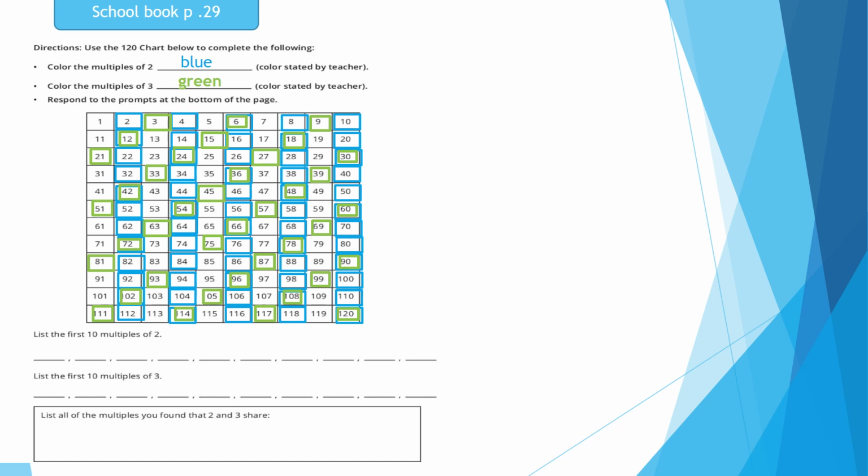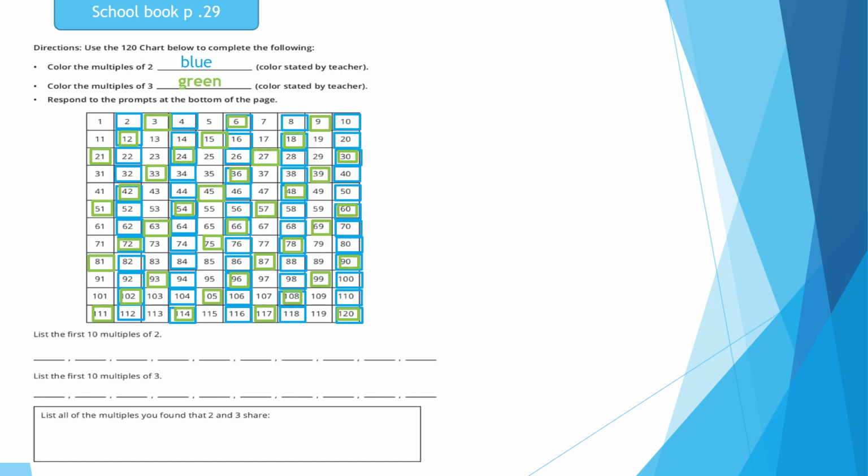The first question: list the first 10 multiples of 2. We want to know the song of multiples of table 2. 2, 4, 6, 8, times table 2 is so great. 10, 12, 14, 16, and 18, and 20.